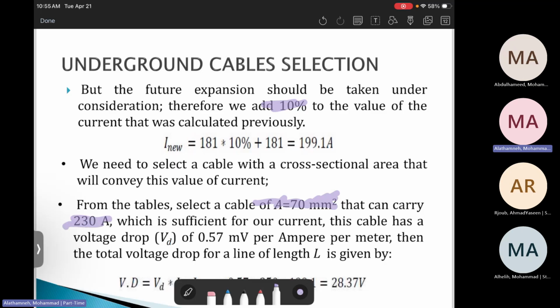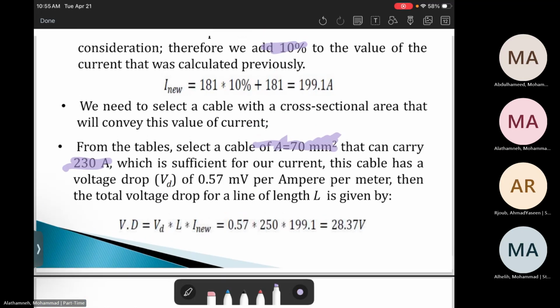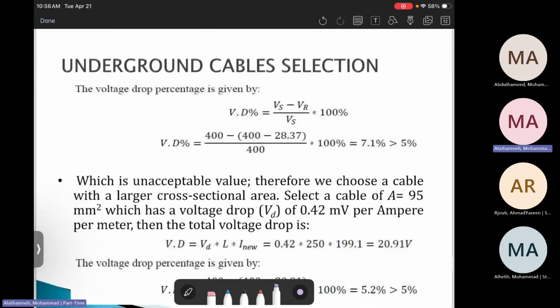This cable has a voltage drop of 0.57 millivolts per ampere per meter. Then the total voltage drop will be VD times L times I, which is 199.1. That's what we calculate. Then the voltage drop percentage will be V sending minus V receiving, divided by V sending.